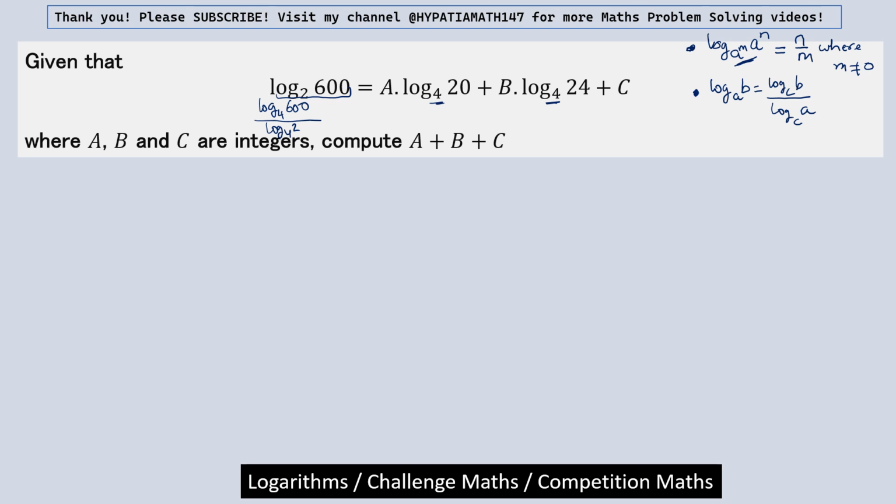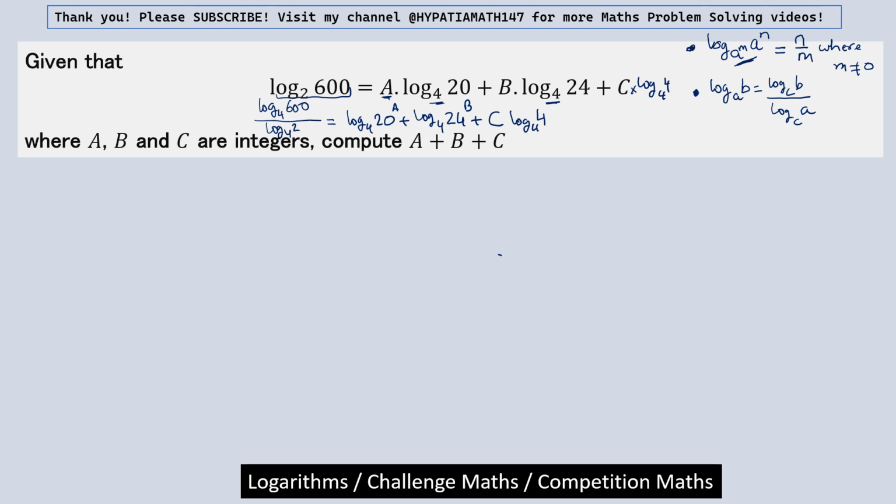That is equal to log to the base 4 of 20 to the power a plus log to the base 4 of 24 to the power b plus c. You see, c can be written as c multiplied by log to the base 4 of 4, which would be 1. So I can write that here.